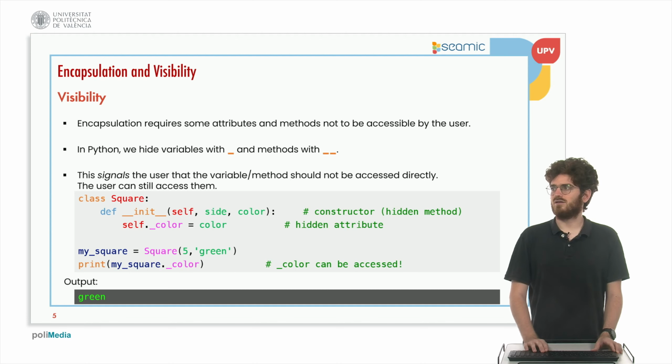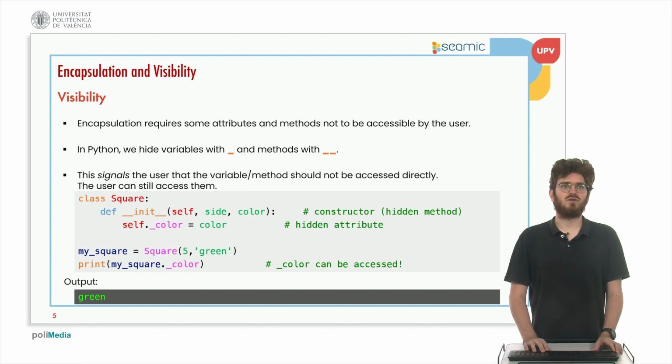Same goes with the variables. Instead of calling a variable color, we can call it self._color. And this will hide it from most tools. But if the user knows the name of the variable, they can still access it using the exact name with underscore.